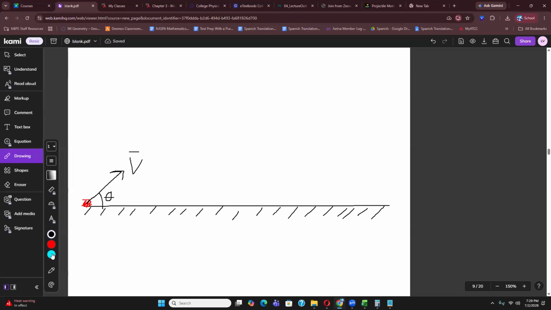Because of that, it's going to do this trajectory, like that.